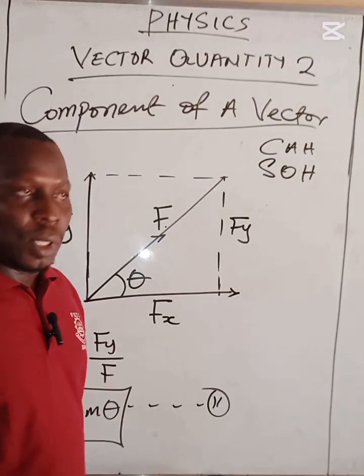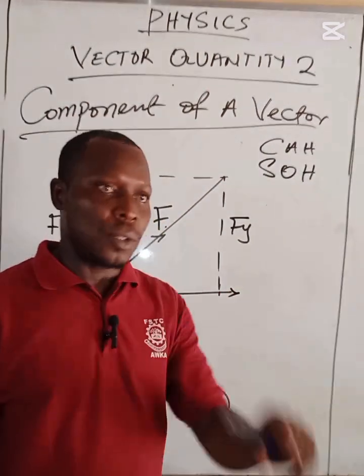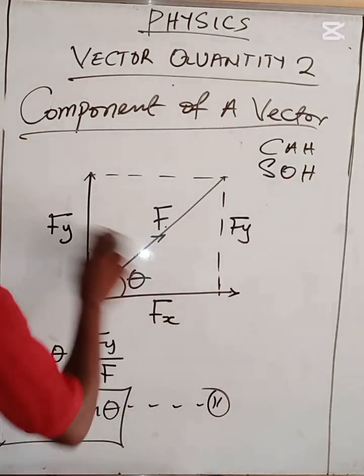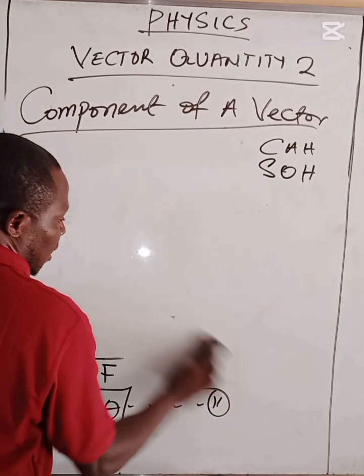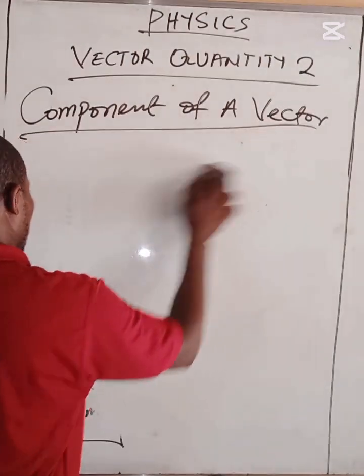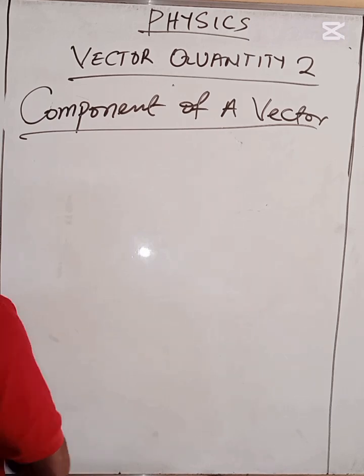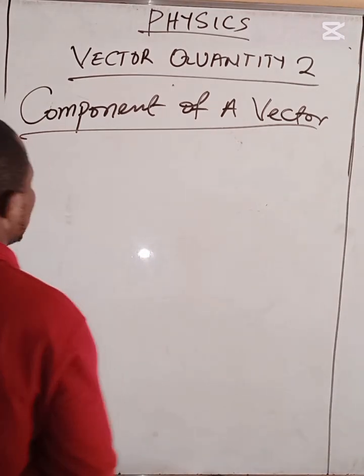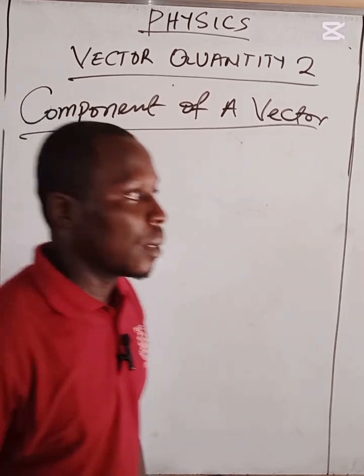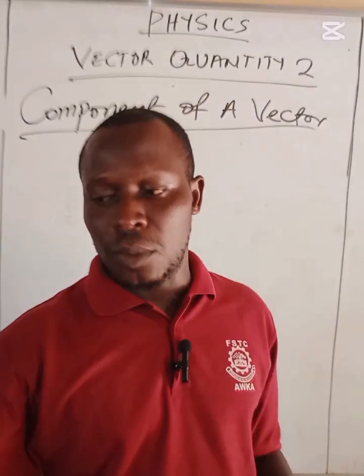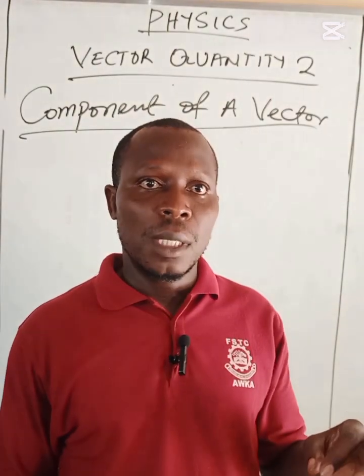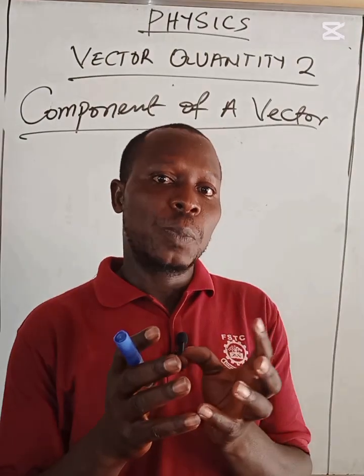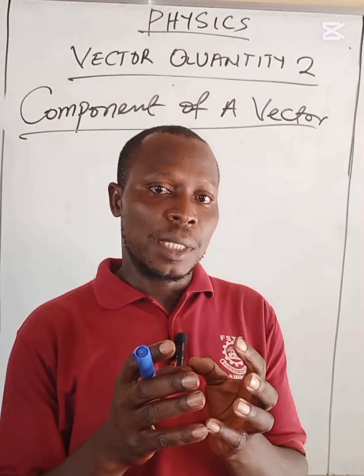I will move into resolution of vectors that are more than 2. Later on, we are still going to come back and solve at least one problem in each of these using past questions. When you talk about vectors that are more than 2, we have resultant vectors put together, acting at a point.